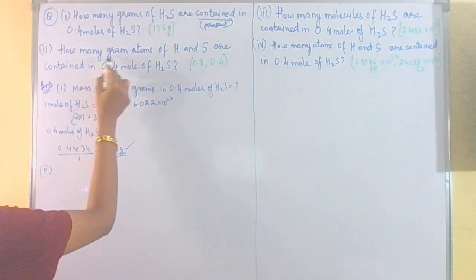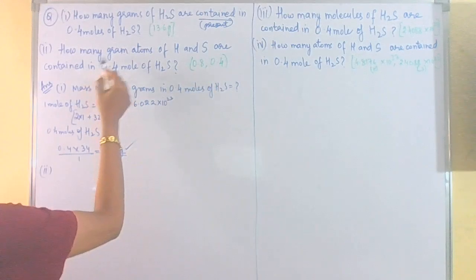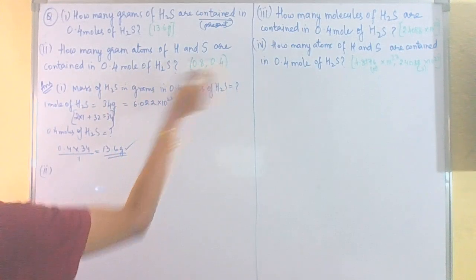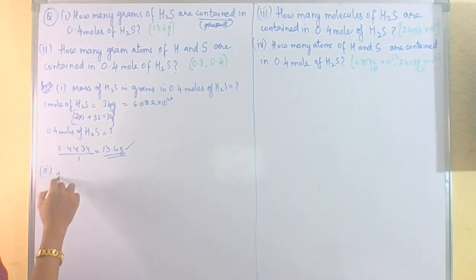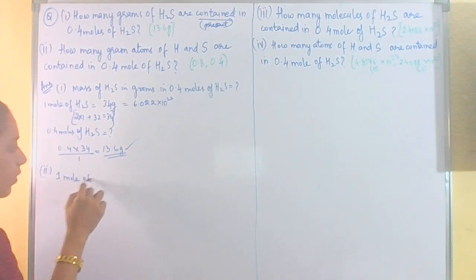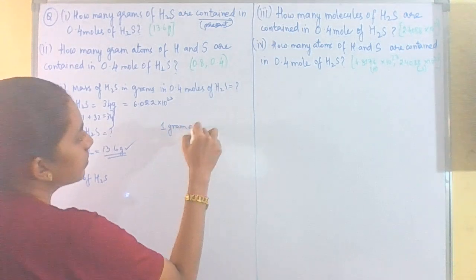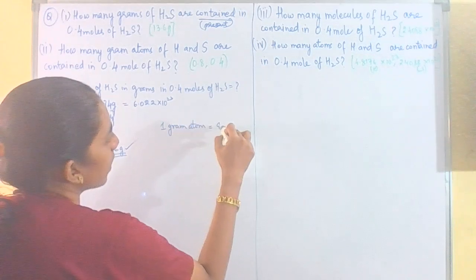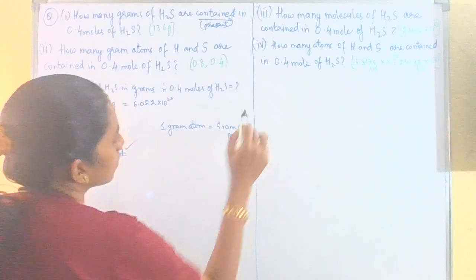You have to calculate the gram atoms of hydrogen and sulfur. How many gram atoms of hydrogen and sulfur are present in 0.4 moles of H2S? So 1 mole of H2S. See, I have already said 1 gram atom is equal to gram atomic mass. Okay.